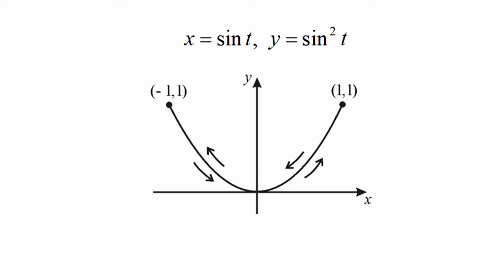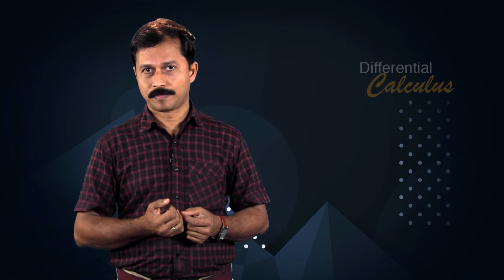It covers only the portion of the parabola y = x² between these points, not giving a definite orientation to the curve. Also, this parametrization cannot cover the entire parabola y = x².